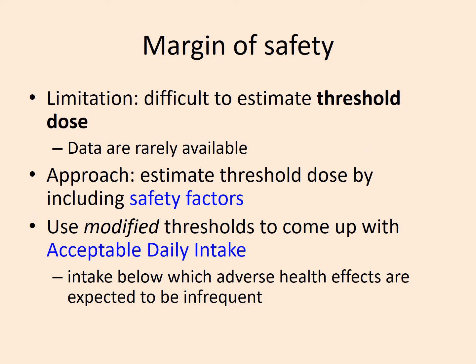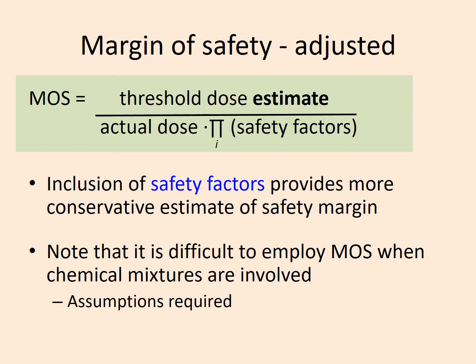The downside, the limitation, is that it's really hard to estimate what a threshold dose is. Data are rarely available. So we use safety factors to estimate what a threshold dose may be. And based on all of these modified thresholds, there's an acceptable daily intake. If you're below that, you shouldn't expect to see adverse health effects, or they would be expected to be infrequent.